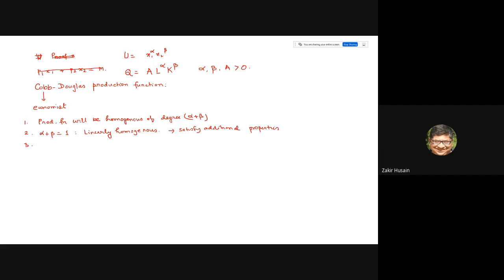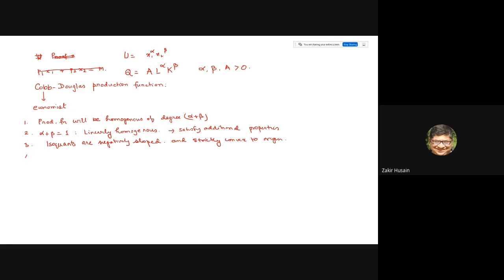And 3, isoquants are downward sloping, negatively sloped and strictly convex to the origin.